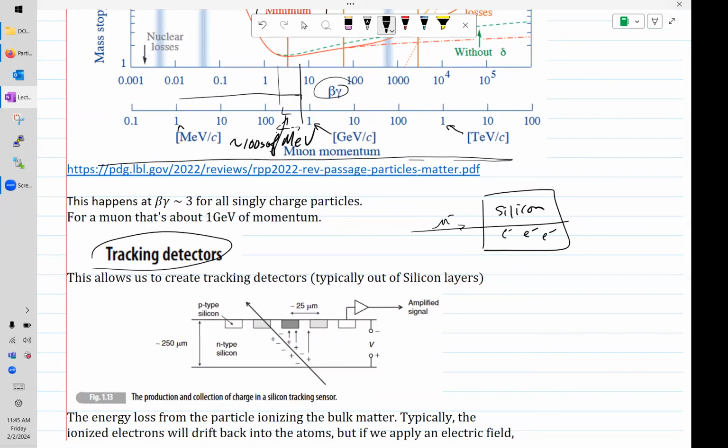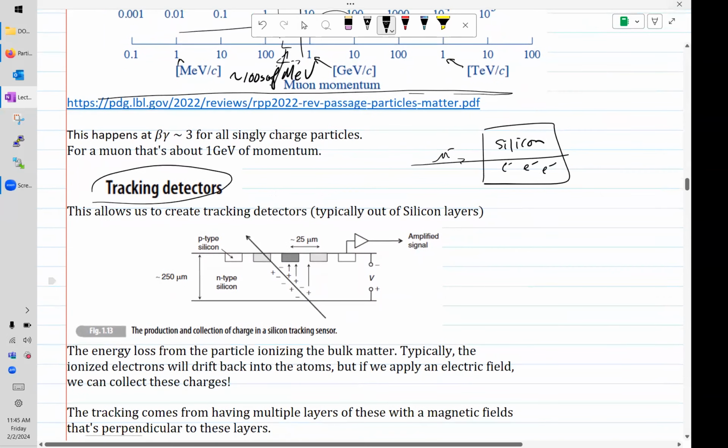In silicon, you're going to create these charge hole pairs. The positive is actually the lack of an electron in one particular atom. Normally a silicon atom is neutral, but if you take one of the electrons away, it has a positive charge, and in electronics, these are called holes.